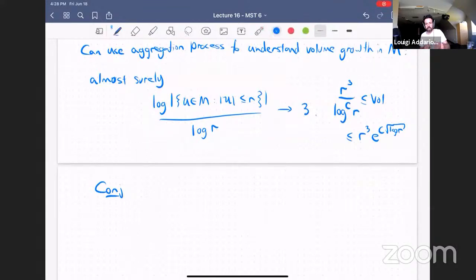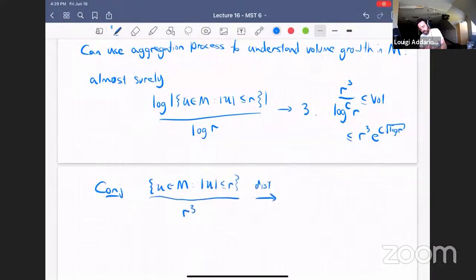I think it should actually be the case that the growth is really cubic in a stronger sense. So I would conjecture that if you look at the number of vertices at distance at most R from the root and divide by R cubed, that should converge in distribution to some non-degenerate random variable.